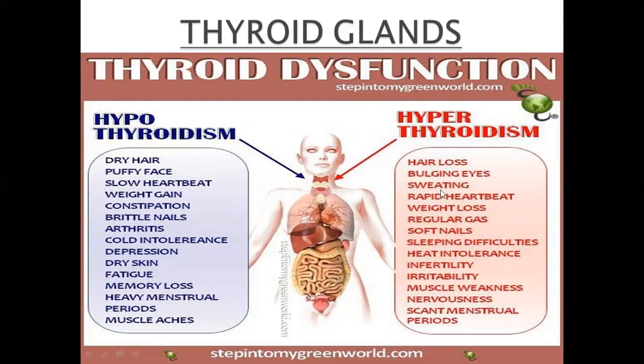And what is hyperthyroidism? Hair loss, bulging eyes, sweating, rapid heartbeat, weight loss, regular gas, soft nails, sleeping difficulties, heat intolerance, infertility, irritability, muscle weakness, nervousness, scant menstrual periods. So these all are the effects of hyper and hypothyroidism.